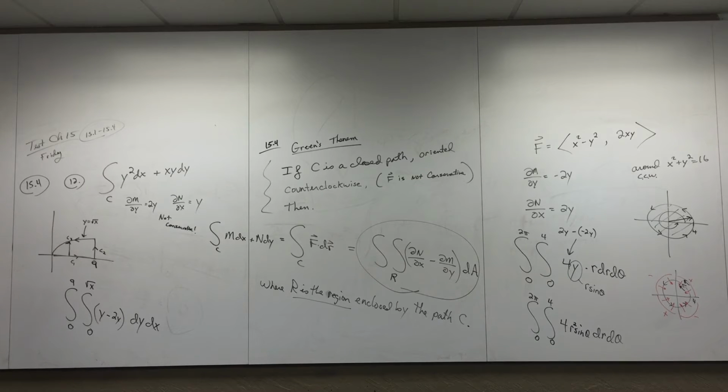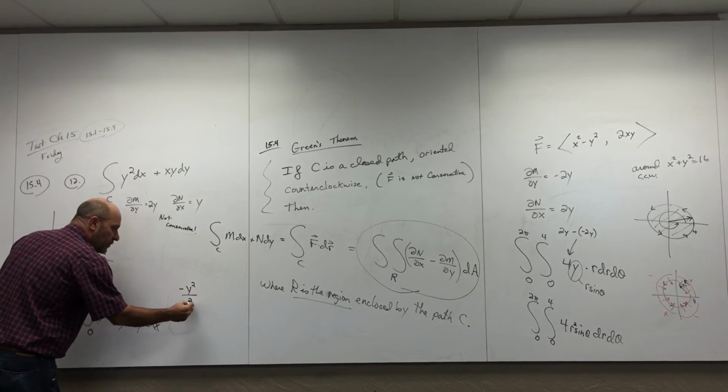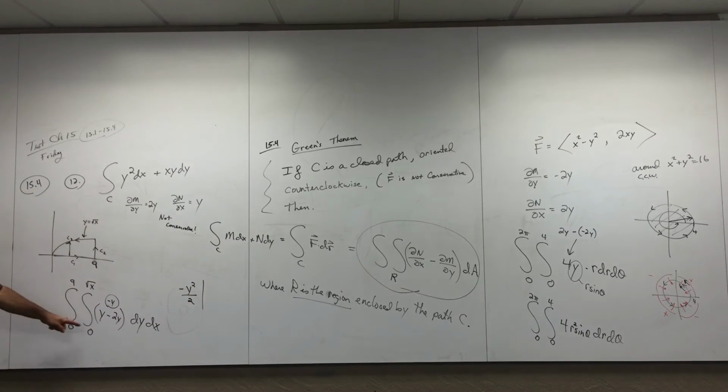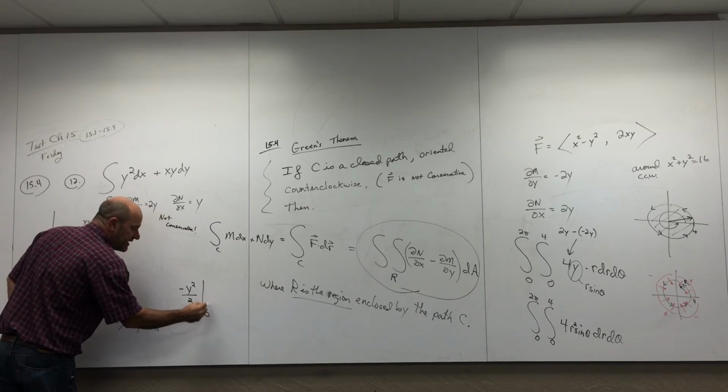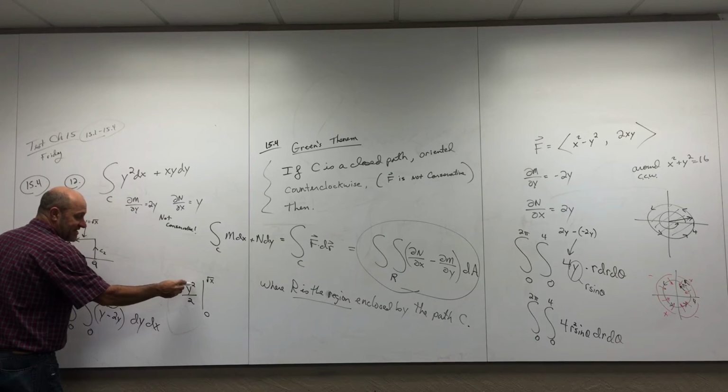Here we go. I'm going to try it now. This y minus 2y turns out to be a negative y. When I integrate it, I guess it's negative y squared over 2. When I plug in my bounds, 0 and the square root of x, this is really nice because I plug in the square root of x and I square it, so I get x over 2 with a negative sign in front of it.